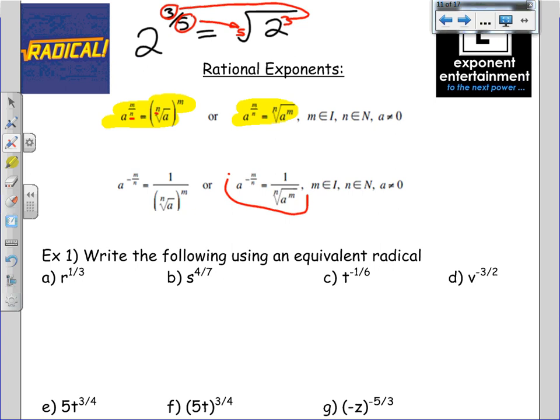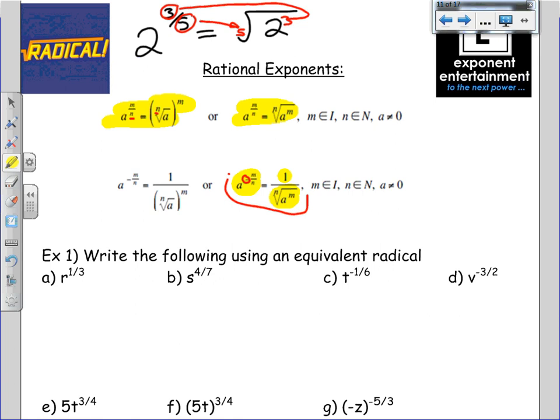This negative right here is a little more clear on your sheet. To get rid of it, you put the entire thing underneath a 1. It goes on the other side. That's our negative exponent law from yesterday. And if it was on the bottom, then it would all go to the top. It's the exact same stuff we did yesterday, but now it's a little more complicated because we have a negative rational exponent. Any questions how that happened? After you move it, it's just the same law from above. So you move it all under, and use the same law we just learned.